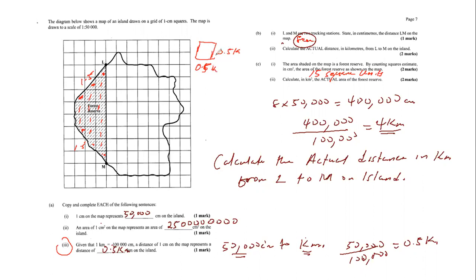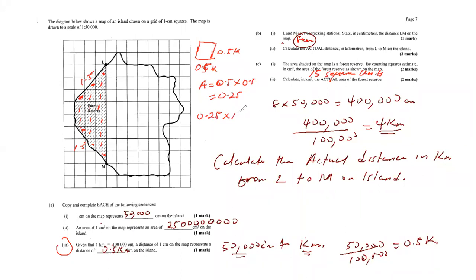So find the area for one box. The area for one box would be 0.5 times 0.5, which gives me 0.25. Then we multiply this number by 15. So 0.25 times 15.